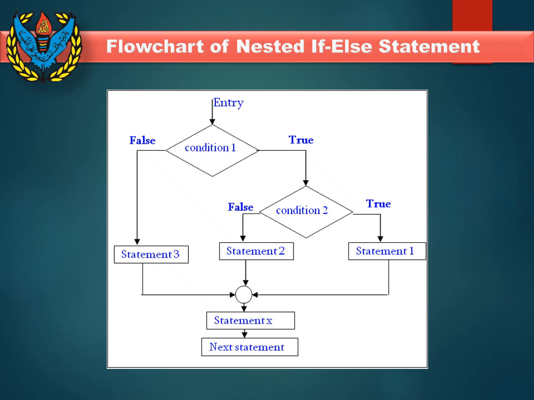If condition 2 is true, then statement 1, which follows the true path of condition 2, will execute. In the second scenario, if condition 1 is true but condition 2 is false, then the false path of condition 2, that is statement 2, will execute. In the third scenario, if condition 1 is false, then the false path of condition 1, that is statement 3, will execute. So this is how a nested if-else statement works.